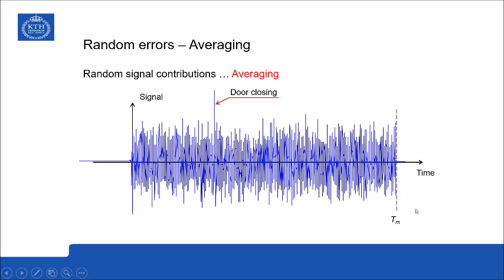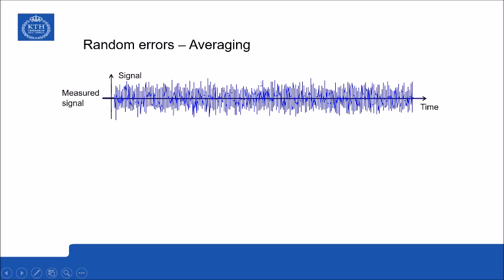And in statistics, as you know, the normal procedure to reduce the influence of something unwanted is to use averaging. We take the average of the signal. But how then should the average be taken in order to get a good result?